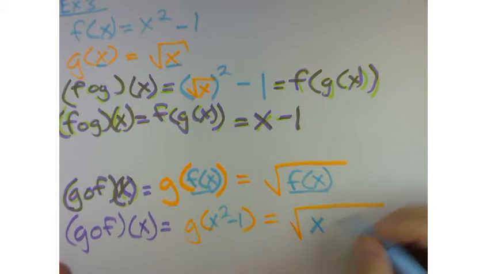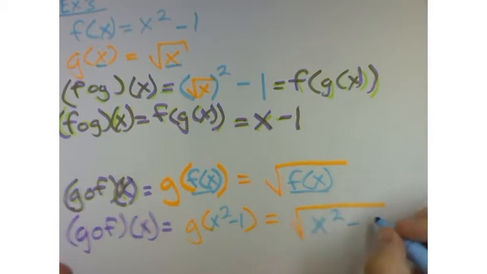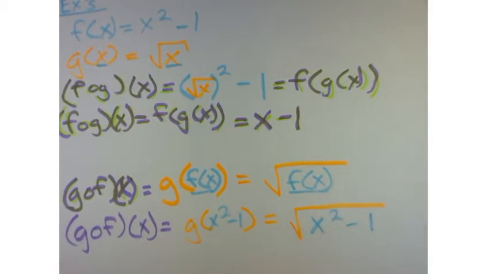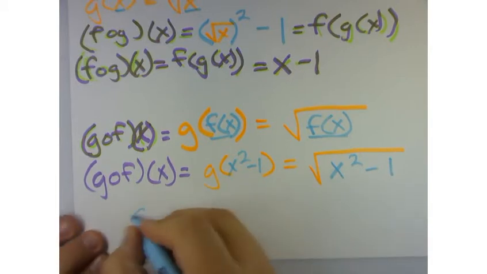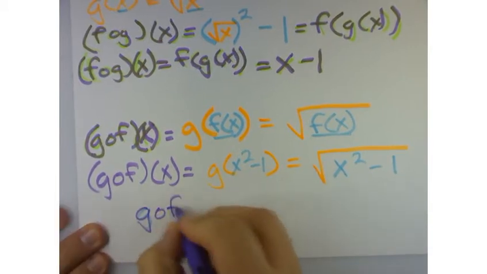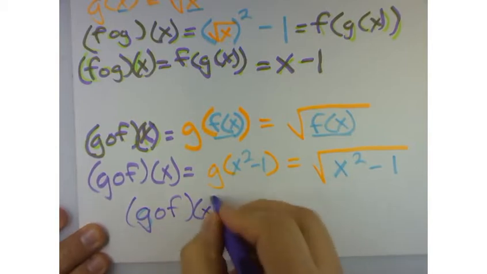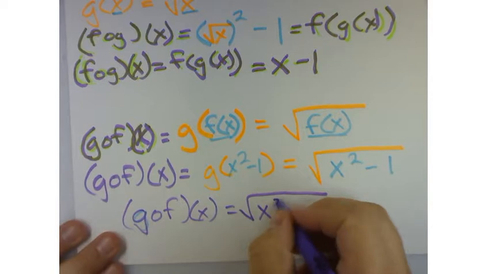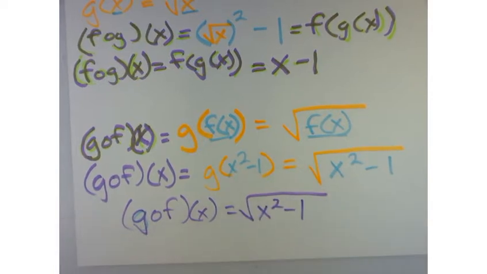The square root of x squared minus 1. So my final composition is going to be g of f of x is equal to the square root of x squared minus 1. Does that make sense?